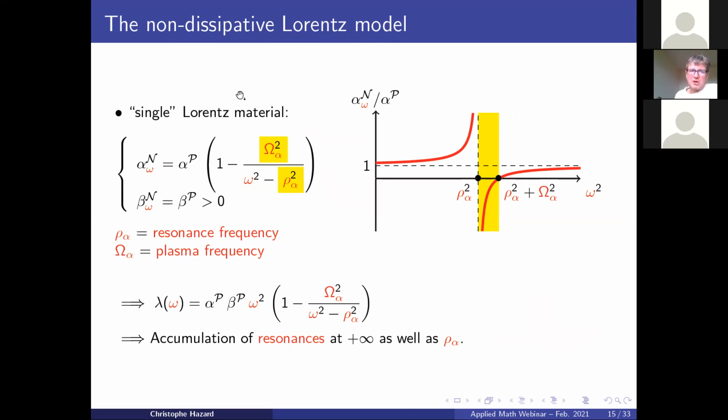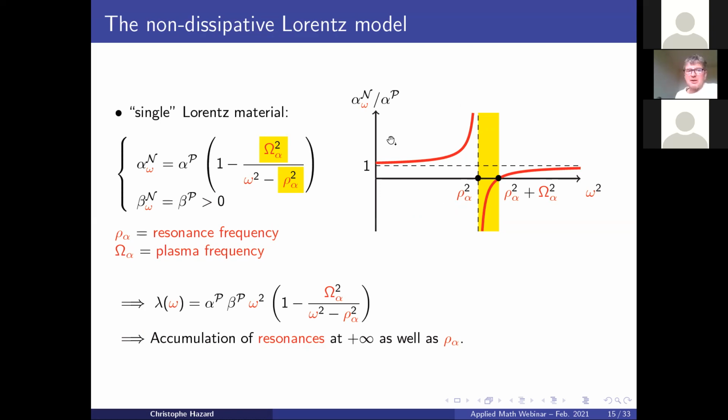In the Lorentz model, the negativity property of the material occurs not at 0, but near a frequency denoted here by rho alpha. This rho alpha is often called the resonance frequency.